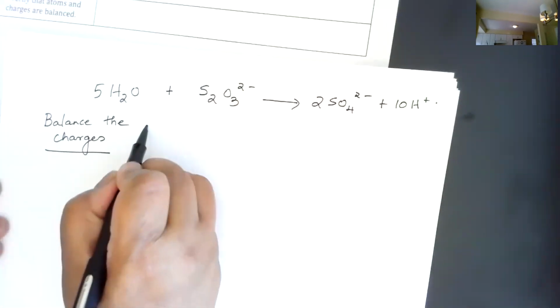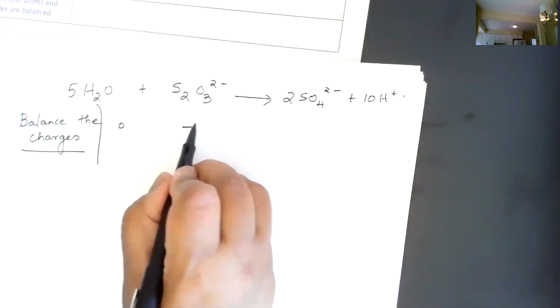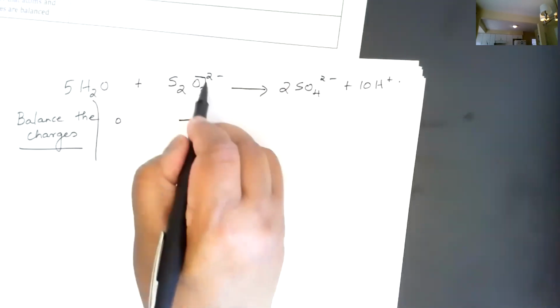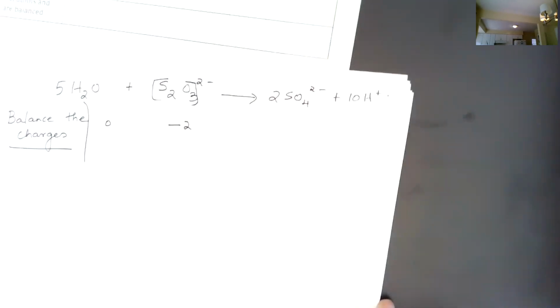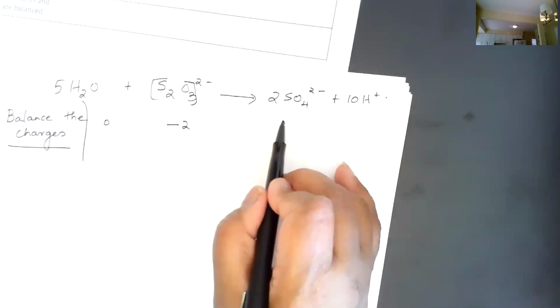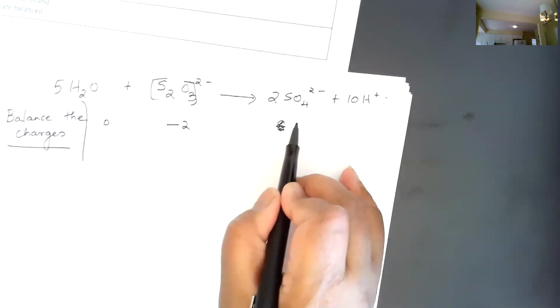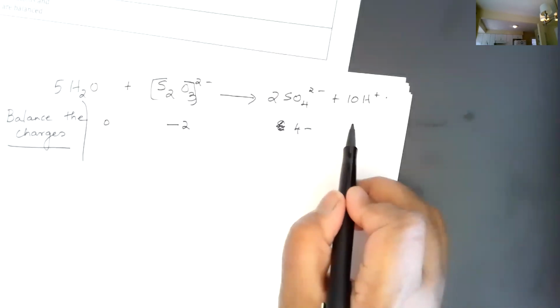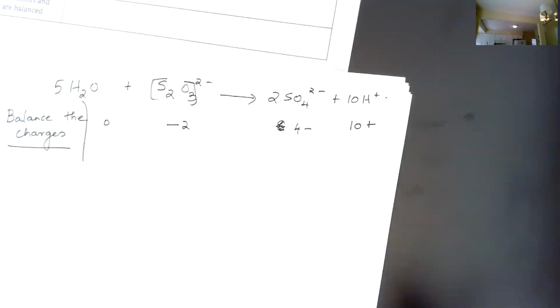So this is neutral. Net charge is 0. The net charge on this ion is -2. The net charge on this is 4 minus. Net charge on this is 10 plus.